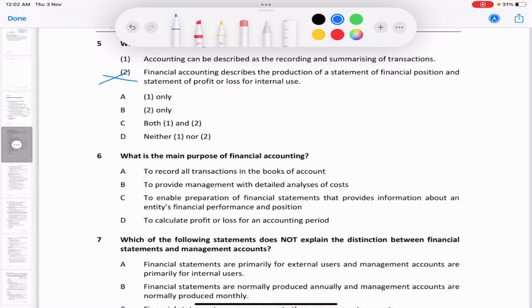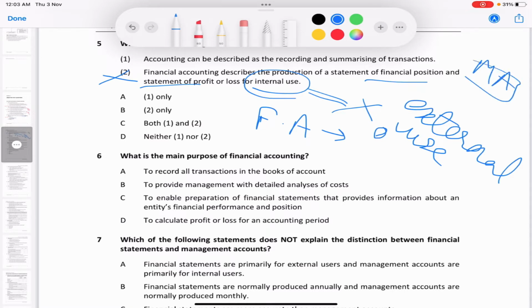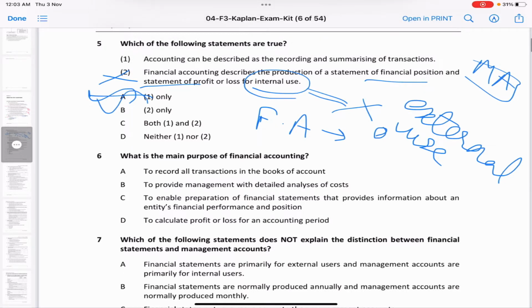That is correct. But for what? For internal use? That's not true. They are always given for external use. We know that financial accounting is for external use and management accounting is for internal use. So only one is correct. The first one is correct. Why? Because accounting can be described as recording and summarizing of transactions.